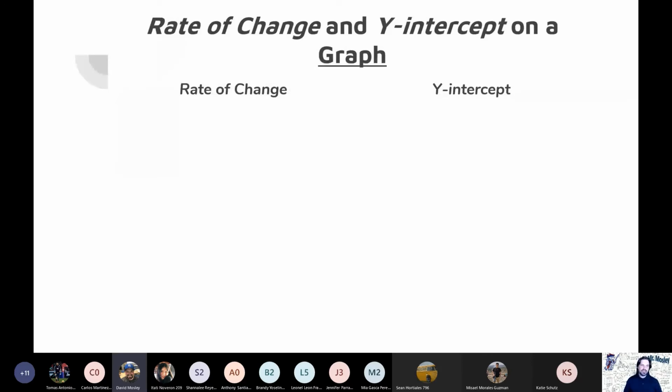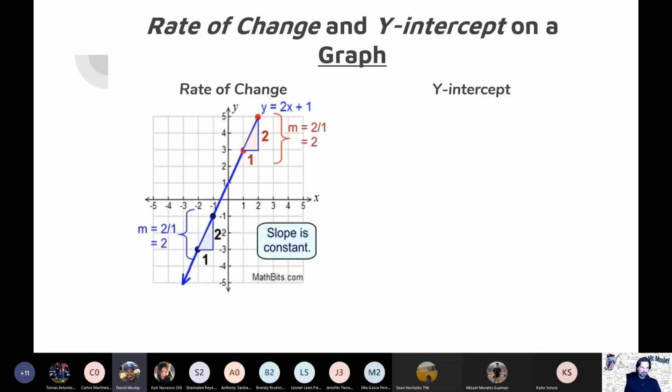All right, to see the rate of change and y-intercept on a graph, we're going to look at these two examples. Again, we find the rate of change on a graph by picking 2 points and taking the change in y and the change in x, and we divide the change in y by the change in x. In this case, 2 divided by 1. To go from this point to this point, we have to go up 2 in y and over 1 in x.